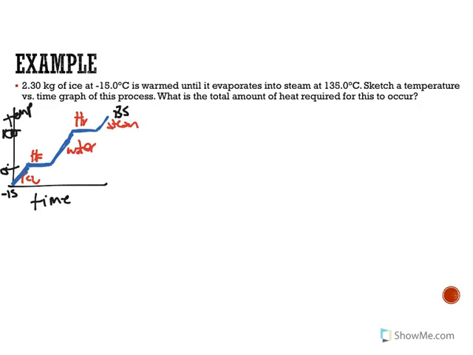So if we want to label those, that's helpful. We have 1, 2, 3, 4, 5. So 5 different calculations for this beast of a question. We'll get through it.